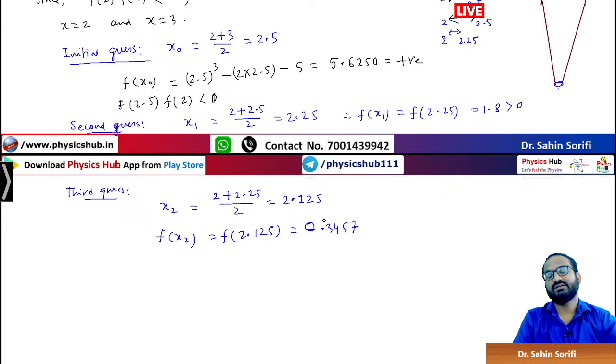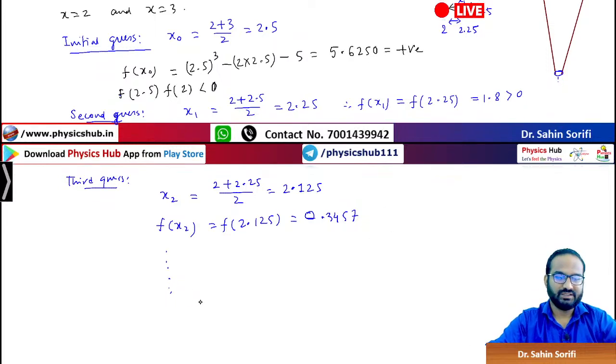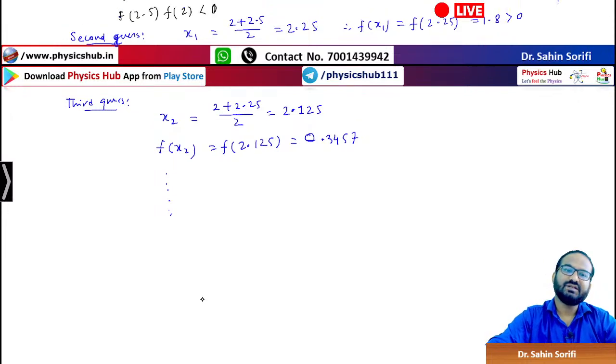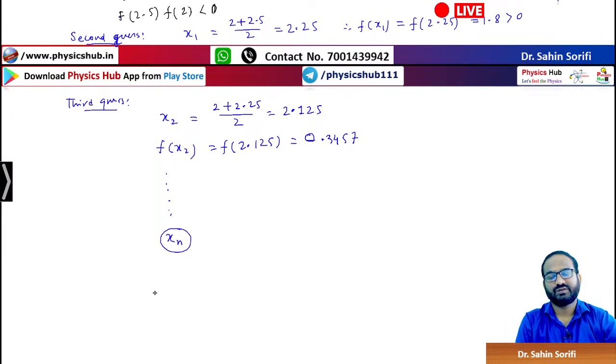In your examination they may not ask you to find the number of iterations. They may ask, up to 2 iterations, what is the value of the root. In this way a question may come. So you may be asked to find this value, 2.125, whatever you get. If you repeat this process, you will ultimately reach one value. It either may be the root, or it can give you the interval which contains the root.